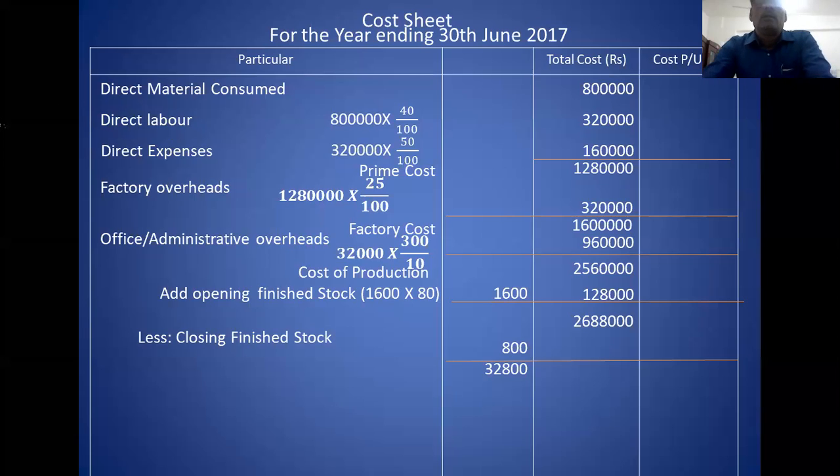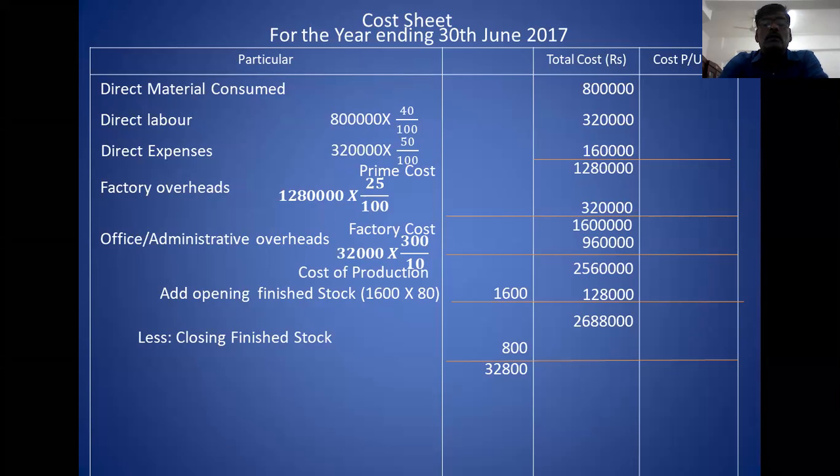You see here, the cost of production is 25,60,000. There is no unit produced given.